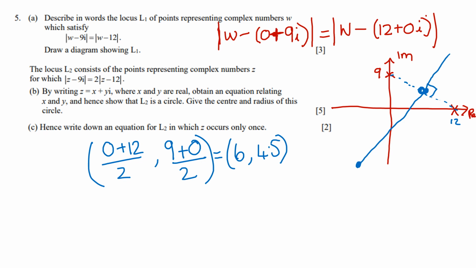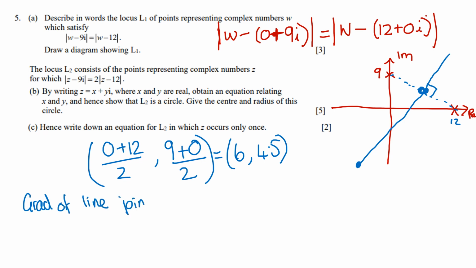So, because it's just draw a line, you can just draw a line, but let's say they asked you to work out the equation of that line just in case. You know it's 90 degrees to the line that joins 9i and 12, so we know it's perpendicular to that one.